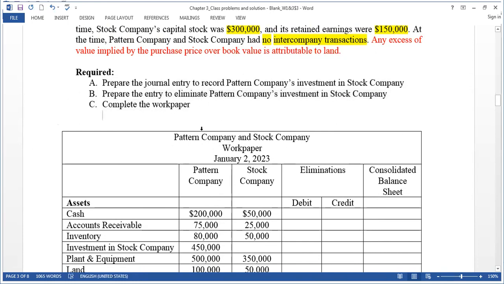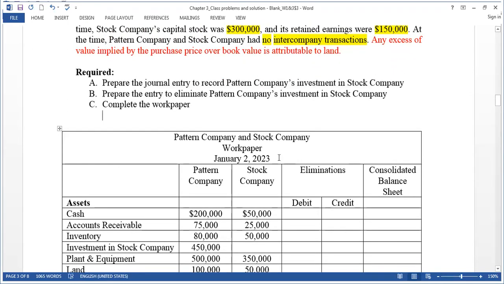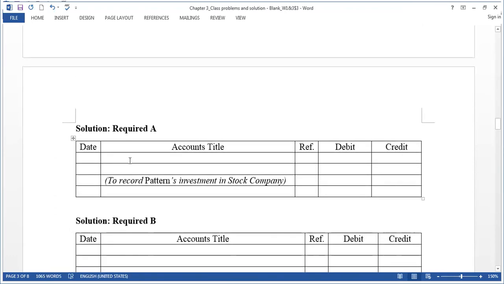And this question is going to add another part: complete the work paper. So in your exam question, you may have a work paper. Now we can do some quick journal entries that we already know. So here, investment in subsidiary, debit.